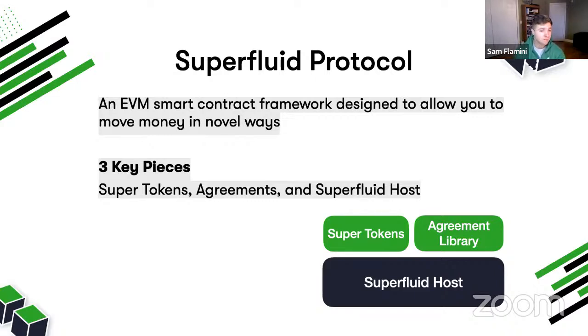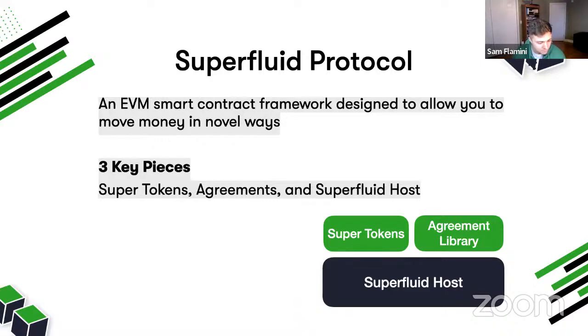In the future, if we have people like yourself listening to this who become very knowledgeable about how superfluid works, that have an idea for how these balances can be changed in new ways beyond just money streaming or distributions, we'd like to talk to you. They're not necessarily easy contracts to build right now, but over time, we want this to be a community effort to really push the limit on how money can work, right?